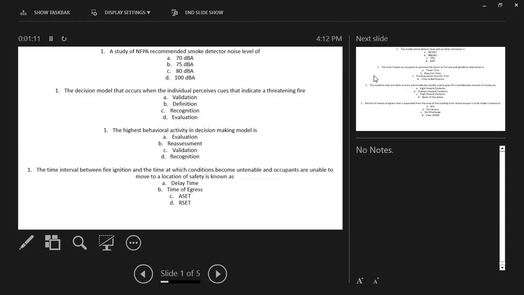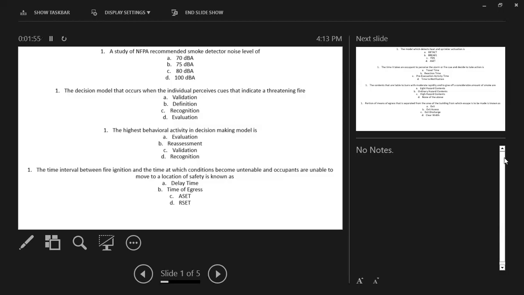Next question. The decision model stage that occurs when the individual perceives cues that indicate a threatening fire. No, evaluation is the point where he is finding the way out.